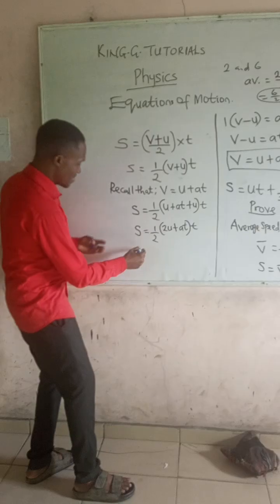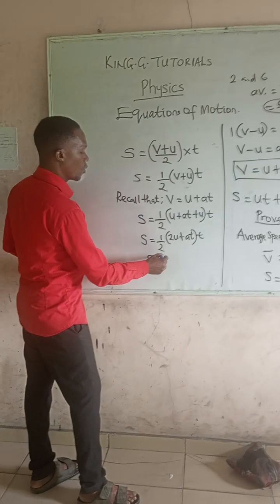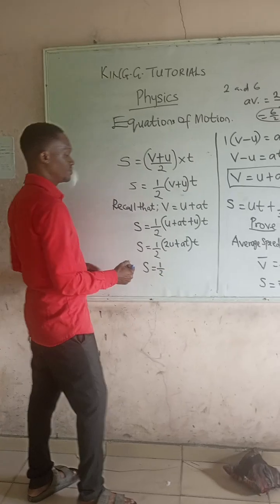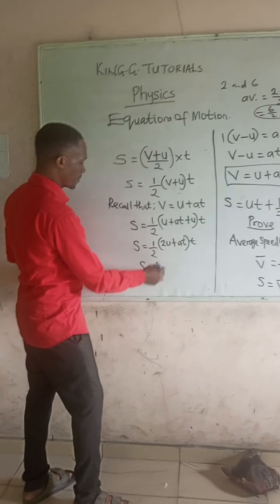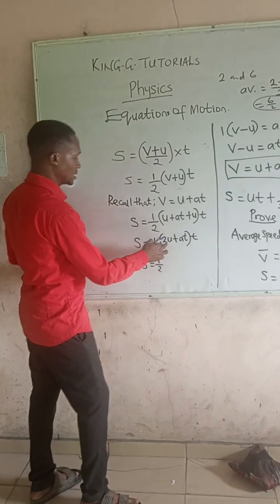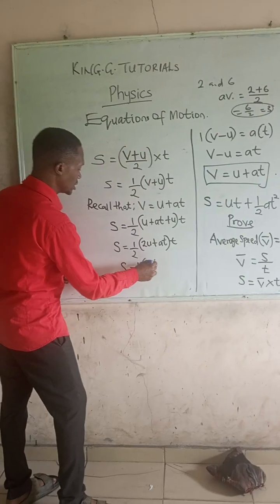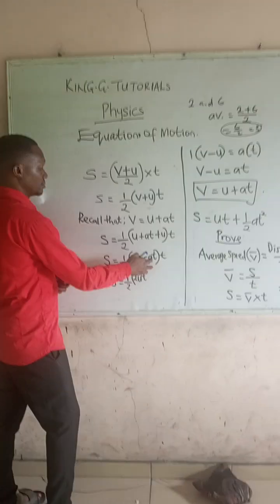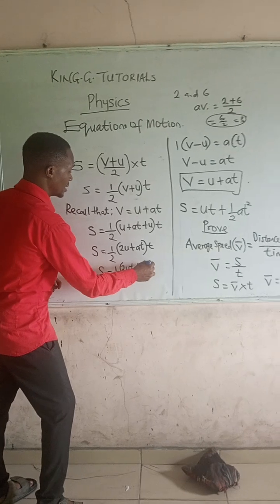Then my distance S is equal to 1 over 2. I need to open these brackets. Open up this bracket, I will have 2 times T, which is 2UT, plus AT squared.